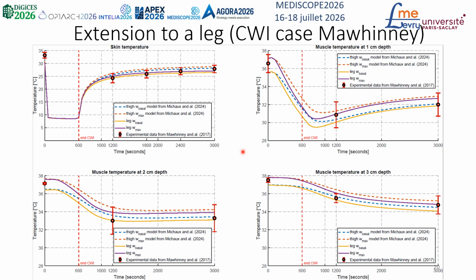So, by comparing with the Manwine study for the cold bath case, here we have the same figure as previously, but we have the thigh in yellow and the leg in purple. So we note a small impact, less than 1 degree, of the extension from the thigh to the leg. The leg, due to the surface increase, has a slight effect, slightly decreasing the overall temperature of the leg.